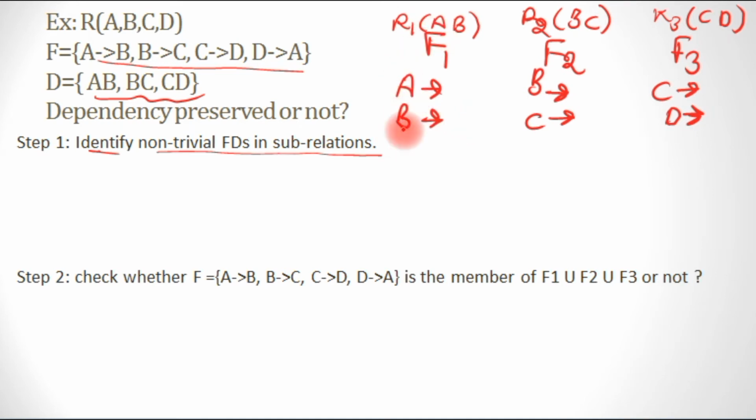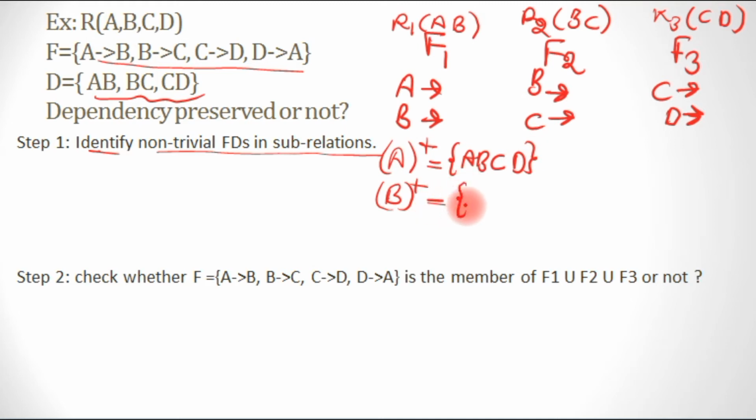To find these functional dependencies, we have to find the attribute closure of A and B. What is the attribute closure of A? It is A, B, C, D. Now find the attribute closure of B. It is B, C, D, A. So we can write here A determines B and B determines C. No, we cannot write C here.